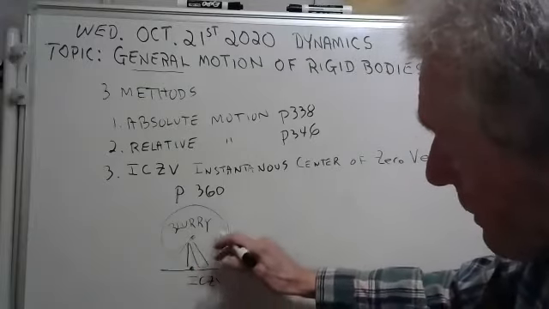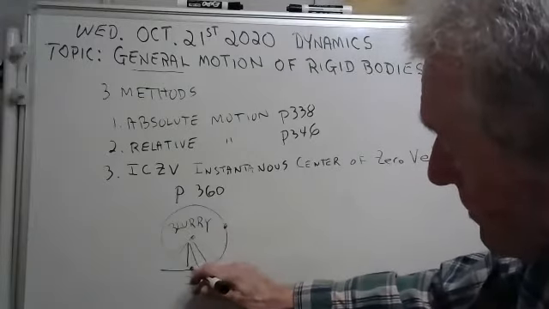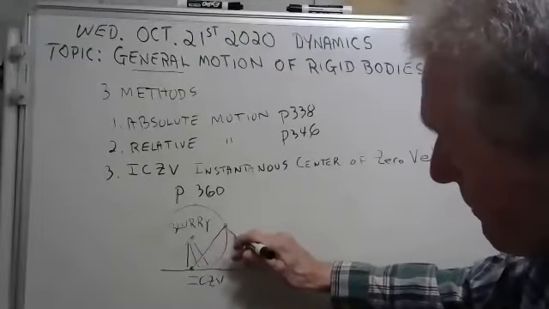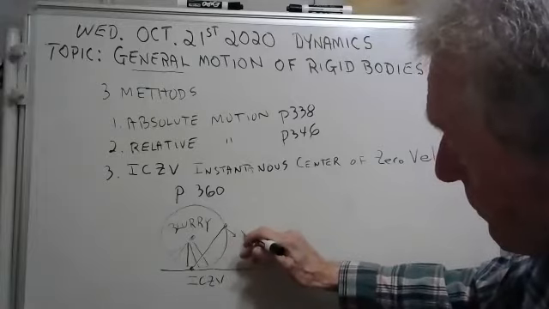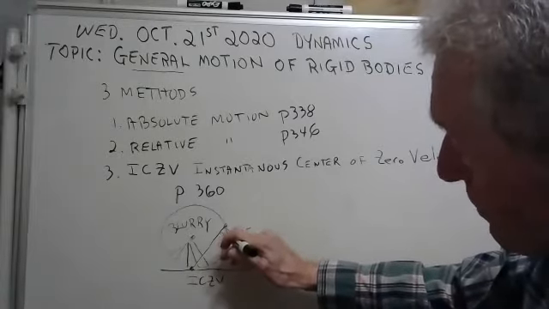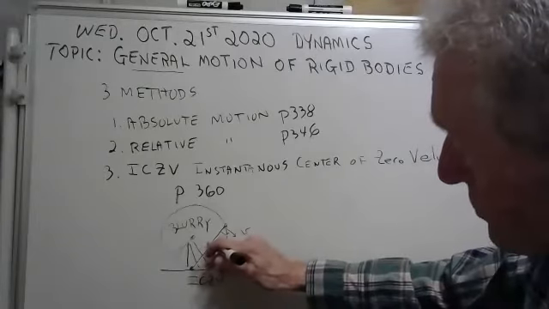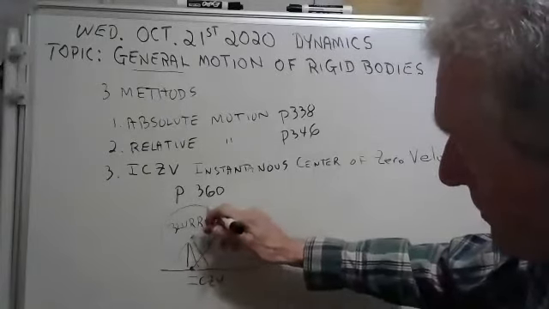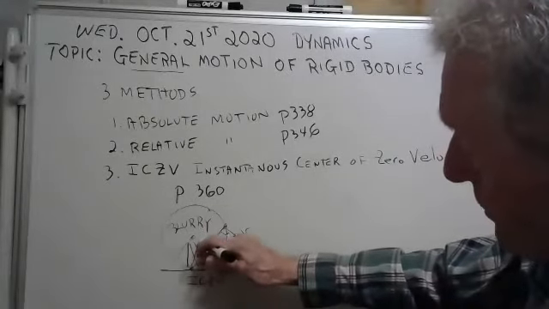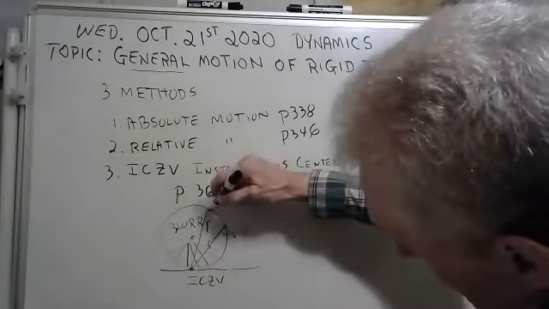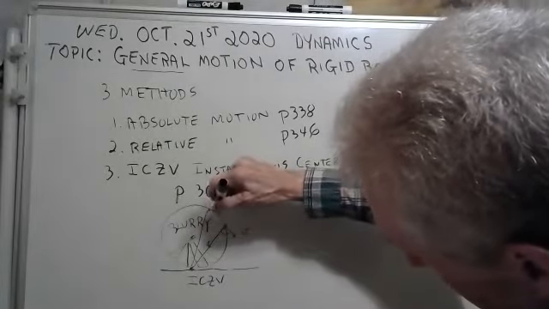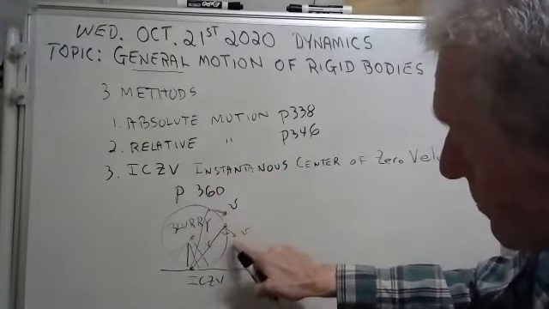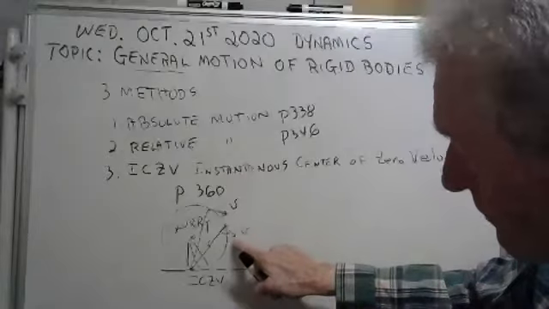Every point on this wheel, like you take this point right here, draw a line to it. That point is rotating, and it's got a velocity perpendicular to this position vector that I drew to the point there. This point here, draw a position vector to it, and then draw a perpendicular to it, and draw it a little longer because it's going faster than that.